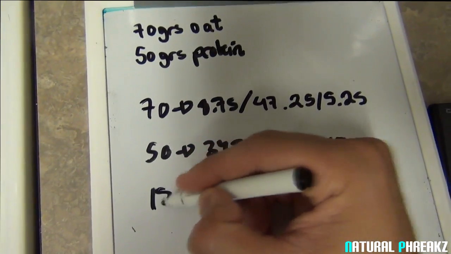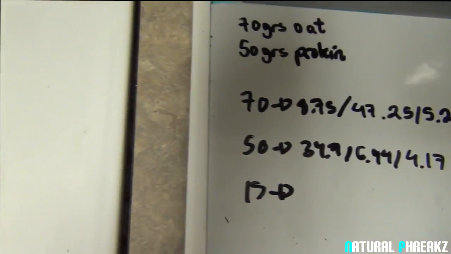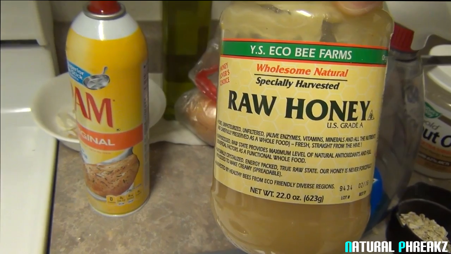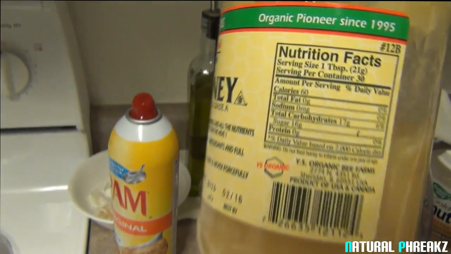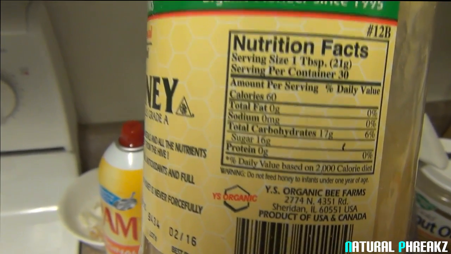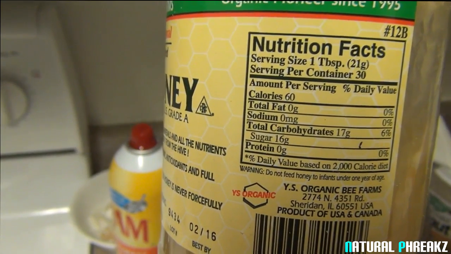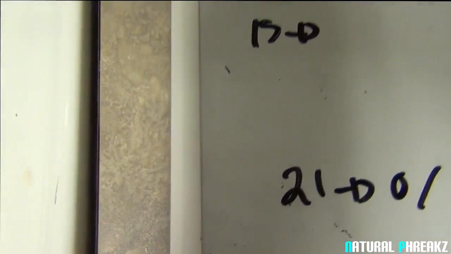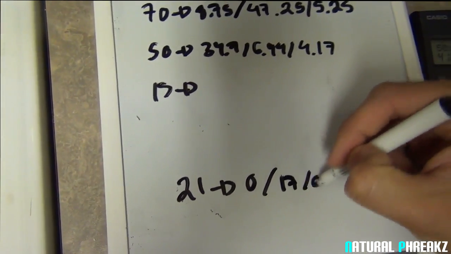Okay, so now I also ate 15 grams of raw honey, so I could match my carbs. This I purchased at Sprouts, and if you look at the label, it says 21 grams has 17 grams of carbs. Okay, so here I go. 21 has 0, 17 and 0, so carbs, right?